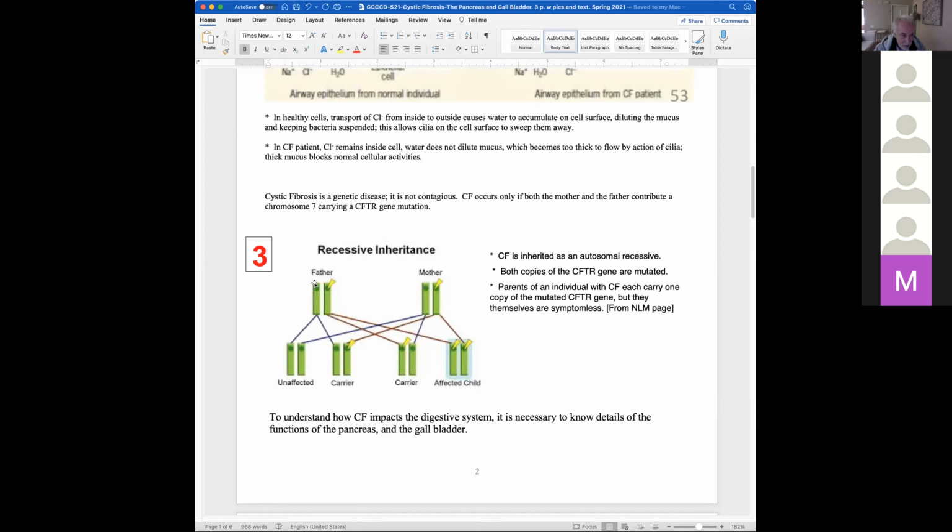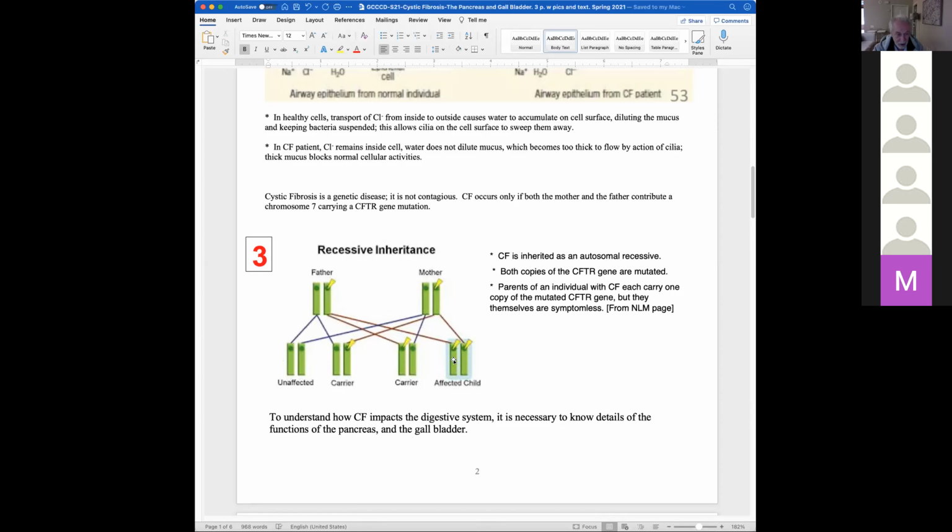So that's illustrated in this diagram, where the father has 2 copies of the gene. 1 is mutant. The mother has 2 copies. 1 is mutant. Neither of them has symptoms, because you have to have 2 copies in order to have symptoms. Then in the children, they can either end up with no copies, or 1 copy, or 2 copies.